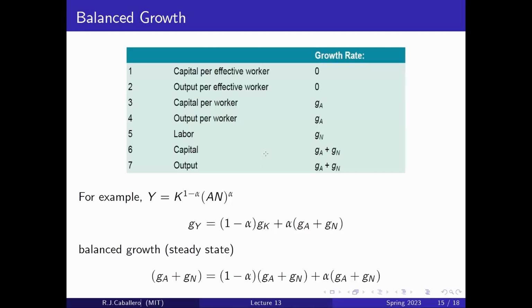The change in the log is the rate of growth. And so you get that the rate of growth of output is equal to 1 minus alpha times the rate of growth of capital, plus alpha times the rate of growth of effective workers. So in balanced growth, K will be growing at the rate gA plus gN, and therefore output will also be growing at the rate gA plus gN. So that's what you have in the table.